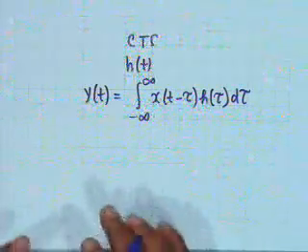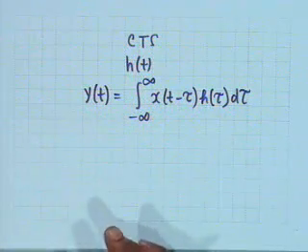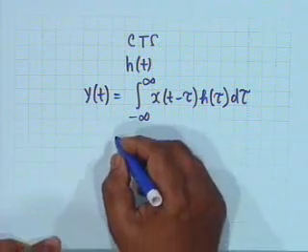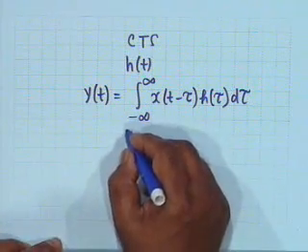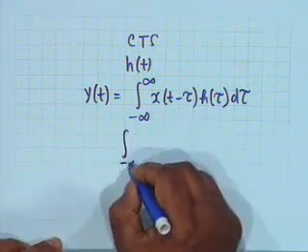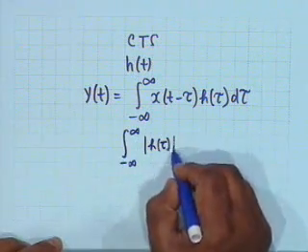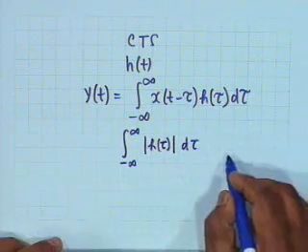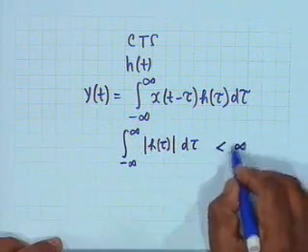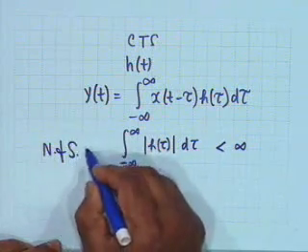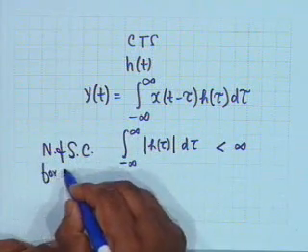In an exactly similar manner we can prove the necessity and sufficiency of the condition for stability, which is that the integral from minus infinity to infinity of mod h of tau d tau should be less than infinity. This is the necessary and sufficient condition for stability.